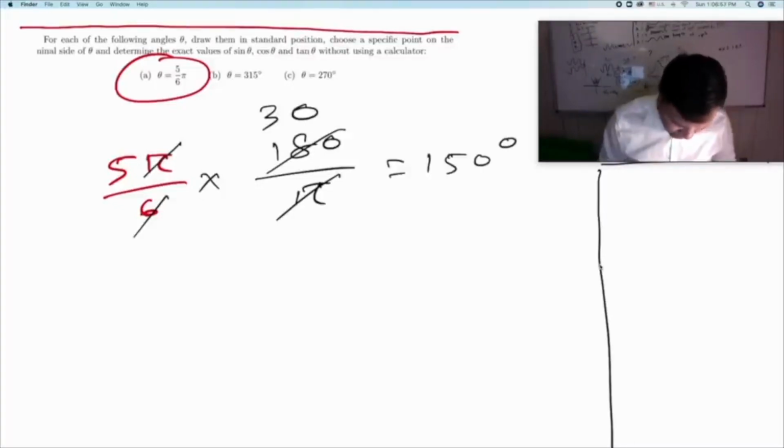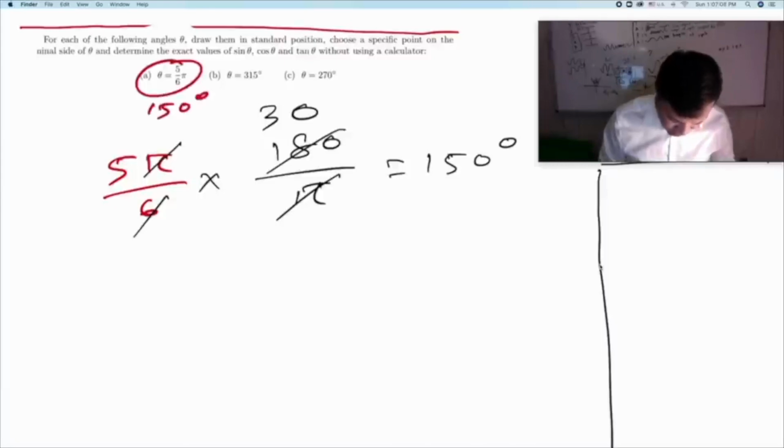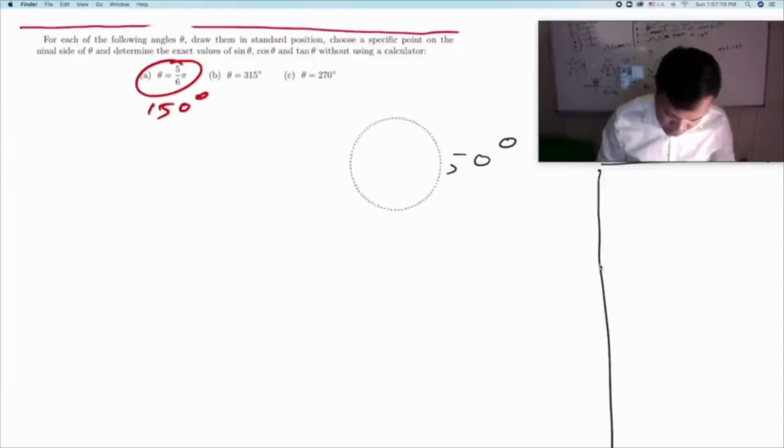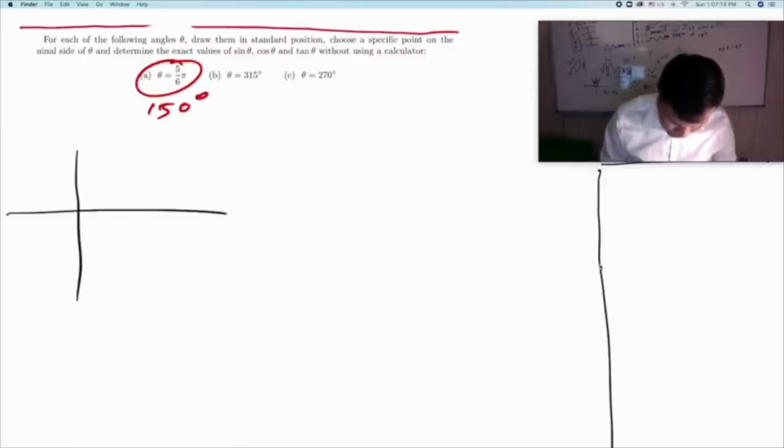Alright, so what do we know about this one? We know that this is 150 degree. Okay, how is that supposed to help us? Well, we know that 150 degree is in the second quadrant, that's for sure.